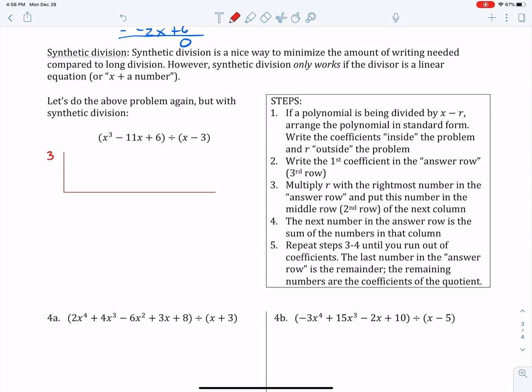Now we write out our coefficients. This is really 1x to the third power, so we have a 1. We can't forget that after x to the third power is x squared, but there is none, so it's implied to be 0. Then we have negative 11, and then we have our 6.